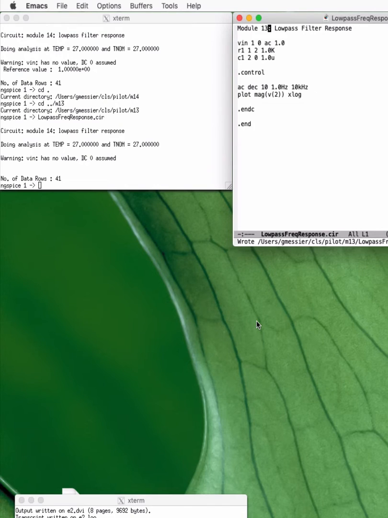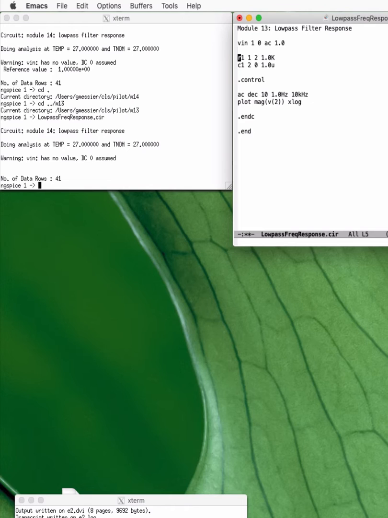Okay, I'm going to show you two different ways to simulate the response of that low-pass filter circuit that I showed you just now. The first one is using SPICE, and this is the SPICE file that I will post. To do a plot of the frequency-dependent response of the low pass filter, we have to use something called AC analysis in SPICE.